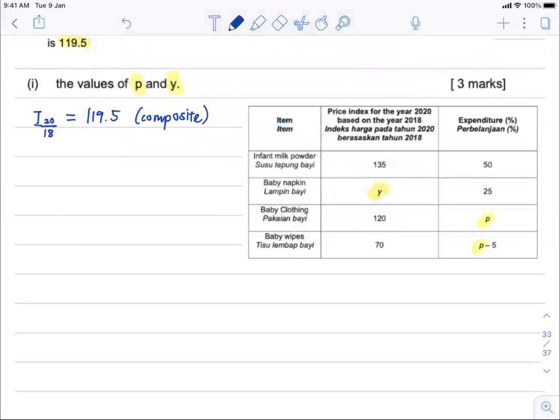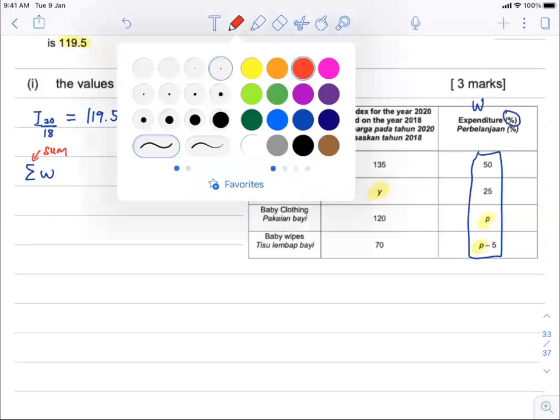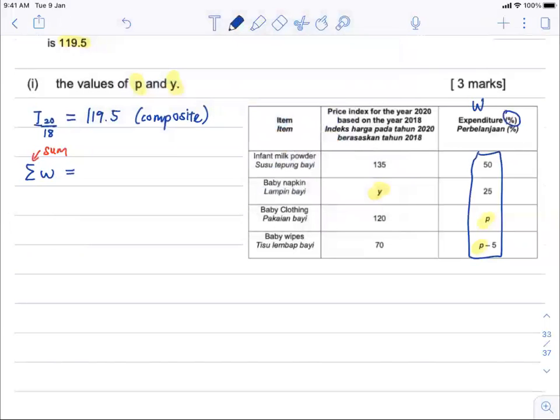To find P, right, we can make use of the fact that the sum of weightage is 100 because this is percentage, right? This is weightage W. So we add all of them up. It should be equal to 100. So sum of weightage, this symbol is sum, will be equal to 50 plus 25 plus P minus 5 equal to 100.